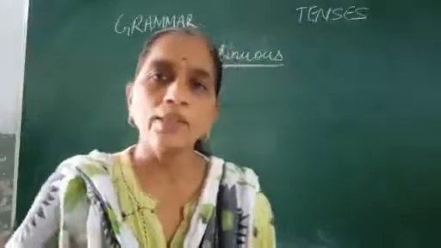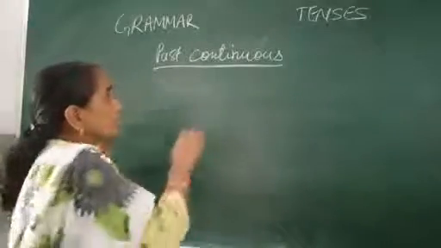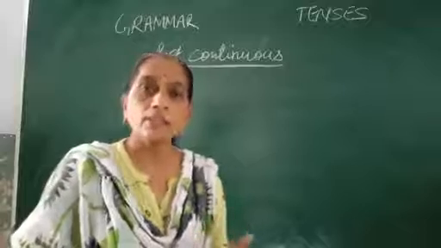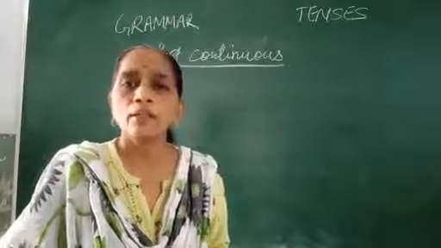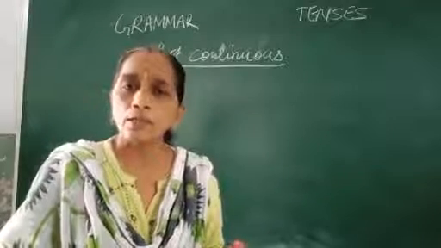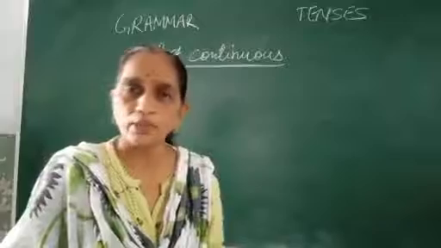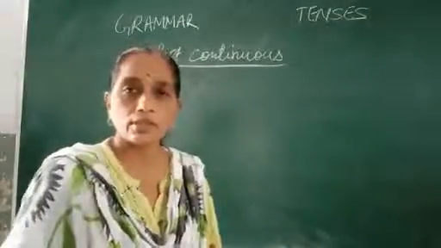So the next tense is past continuous tense. This tense is used to show an action that was in progress at some point of time in past. कोई एक्शन पास्ट में किसी टाइम पर प्रोग्रेस में था, ये दिखाने के लिए हम यूज करते हैं पास्ट कंटिन्यूस टेंस.